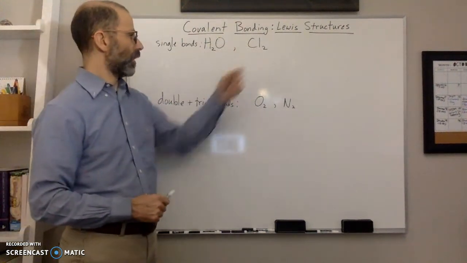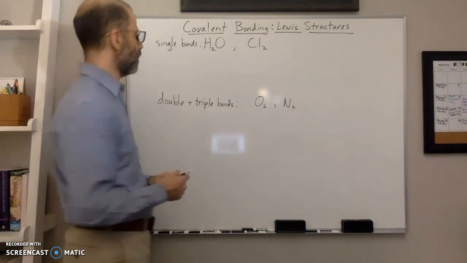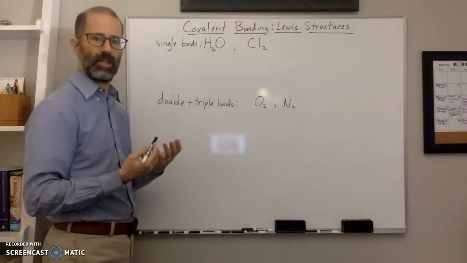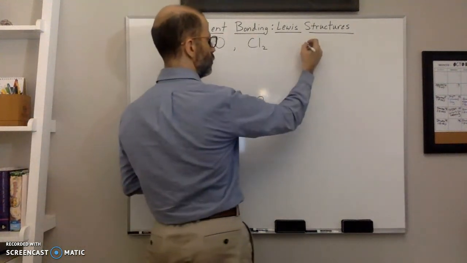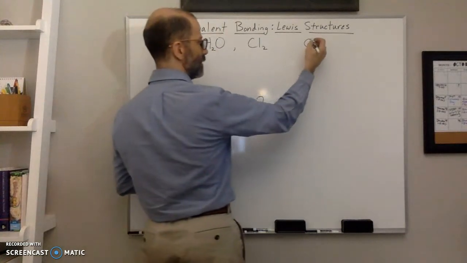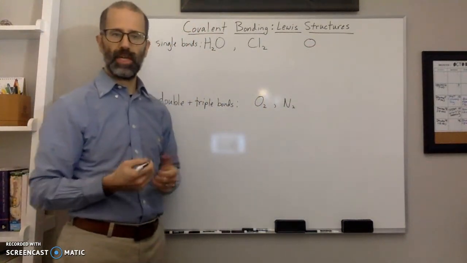So I have water and chlorine gas, a chlorine diatomic molecule. The thing you want to keep in mind is we're going to write the Lewis symbols for all the atoms. If we start with water, we'll have oxygen, and oxygen has 6 valence electrons because oxygen is in group 6.